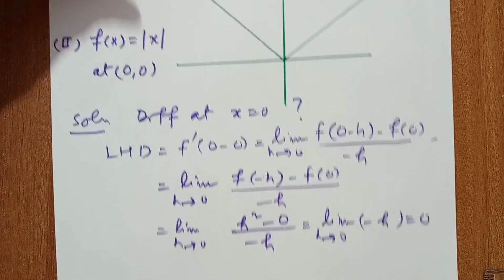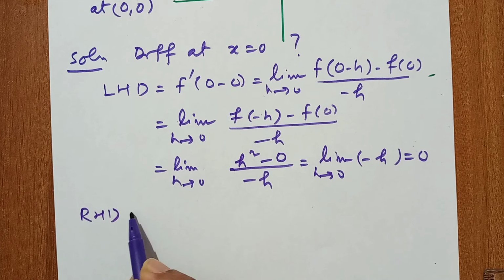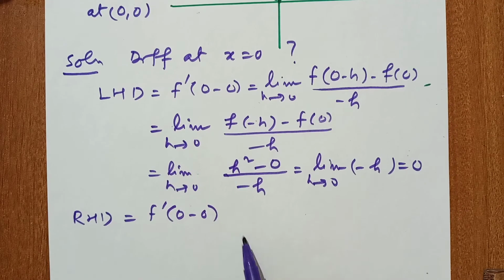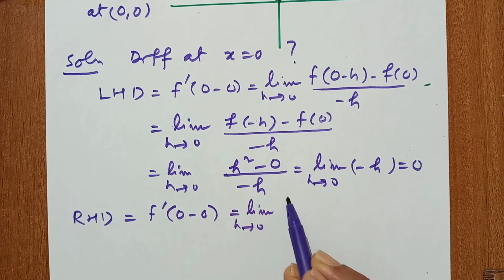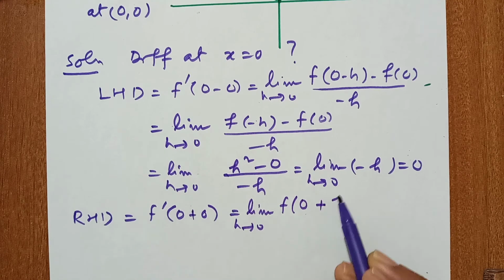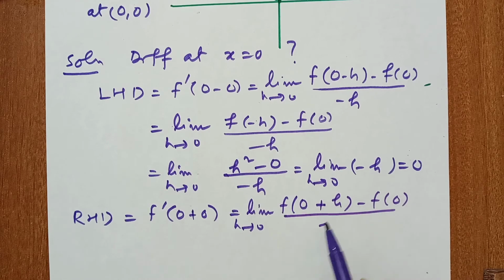Similarly, the right hand derivative f'(c + 0), where c = 0, is equal to limit h tends to 0 of f(0 + h) - f(0) upon h.